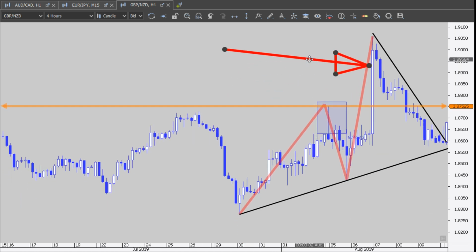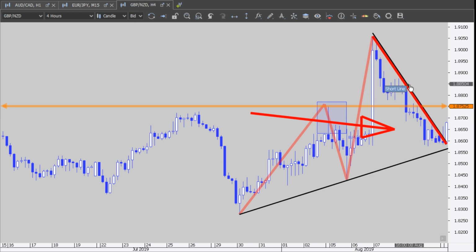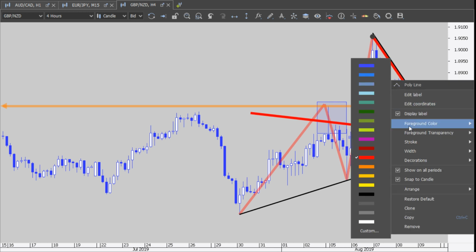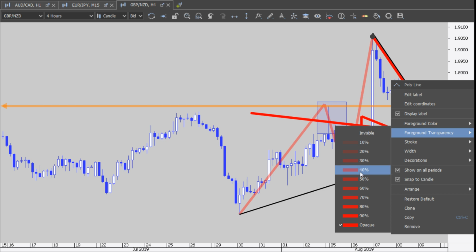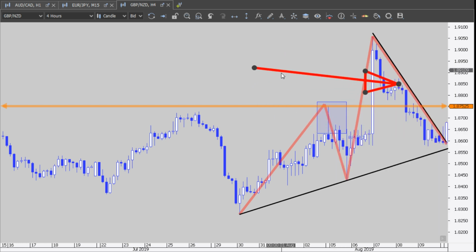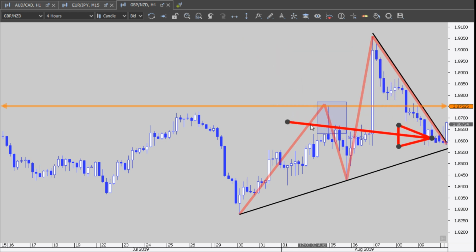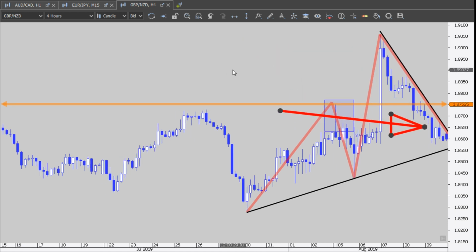So, question. Why did the market end the retracement in here? How do you know? Okay, counter trendline break, but how do you know that the retracement is over in here? We don't know, we don't have a crystal ball.